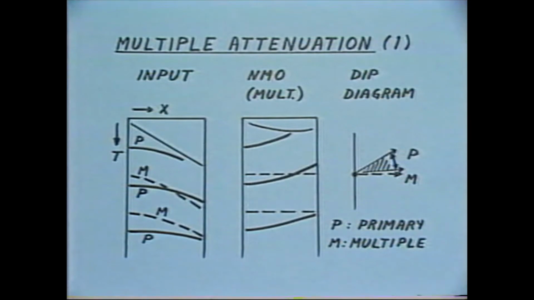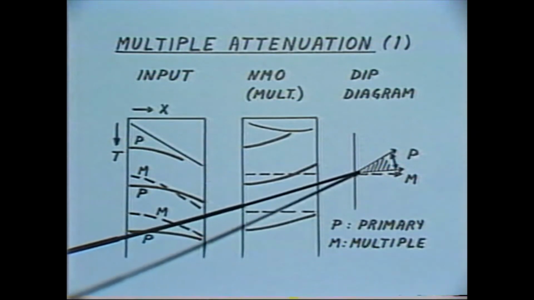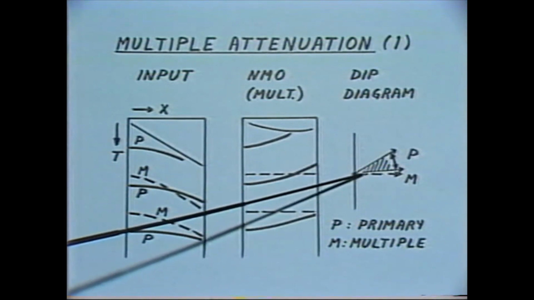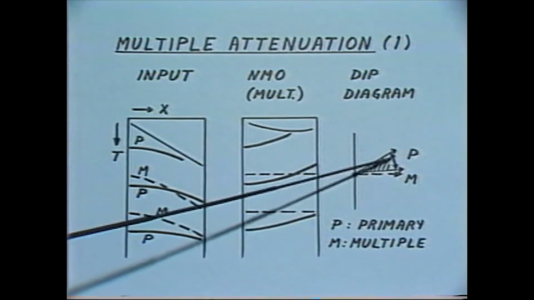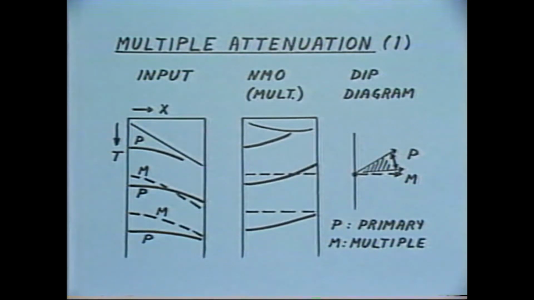Now, if we look at the dips of these different events on the NMO corrected data, the multiple event dip is now horizontal, zero dip, and the primary reflection curved events occupy a range of dips such as this. So we have a difference in dip of the primary and multiple energy, and we can use a velocity filter to attenuate the multiple energy without affecting the primary energy.